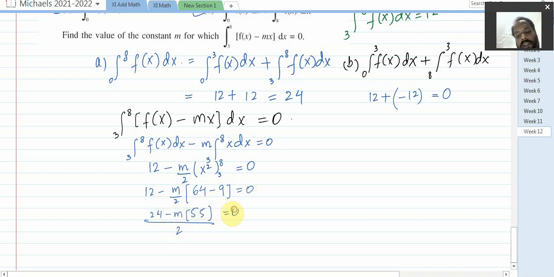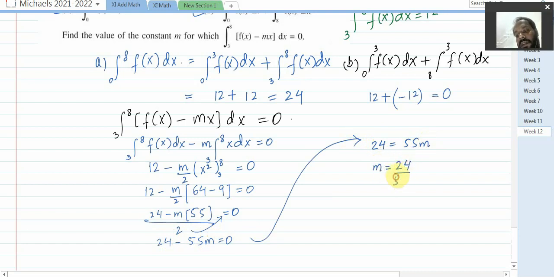equal to 0. The 2 is dividing on the left side. When you shift it to the right side, it will be 0 times 2 equals 0. So 24 minus 55m equals 0, and now 24 equals 55m, and you have the value of m, that is 24 divided by 55.